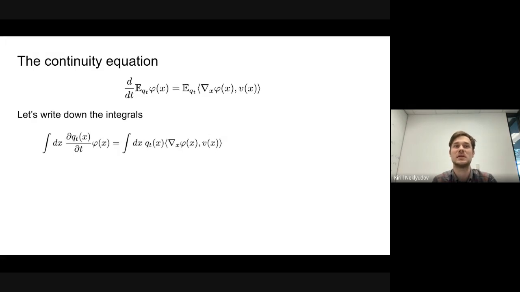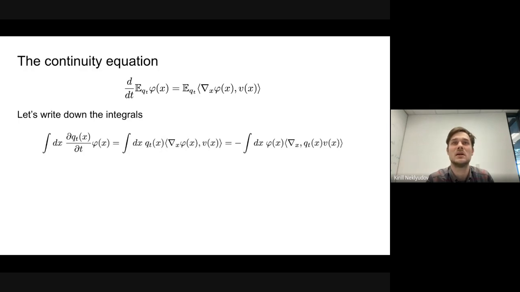And then we can take this integral by parts. We wouldn't like to differentiate the statistics phi, so we want to move this differential operator to the other two guys, q_t and v. It's a simple trick, and we get this.